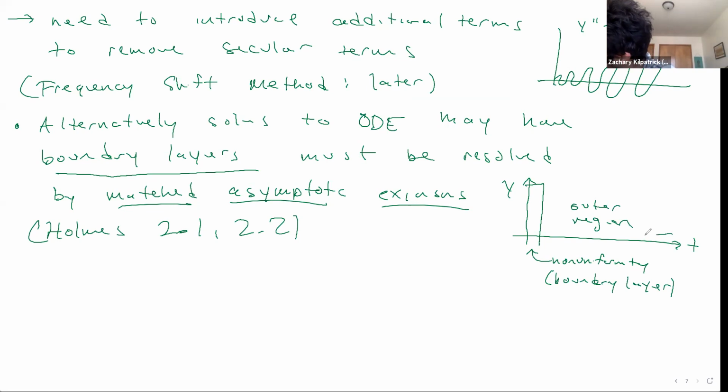And essentially you may have some Y here, but then when you get into this region, Y is starting to shoot up, right? And maybe it has a very sharp derivative or something like that, okay? But the way that the terms get ordered, either in the differential equations or your asymptotic expansions, is not consistent with the outer region, okay?